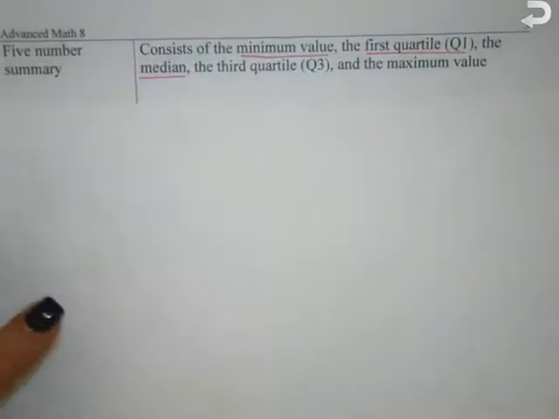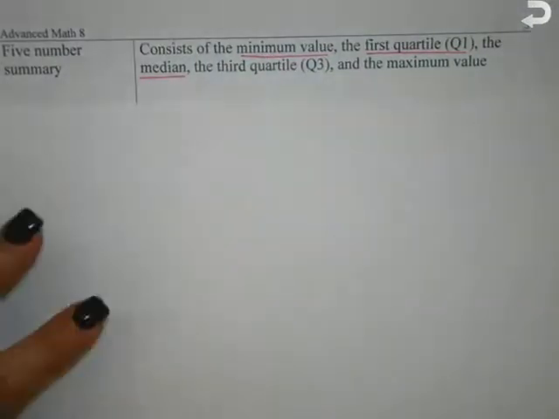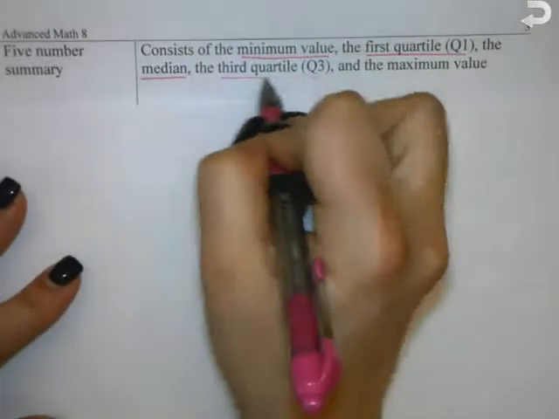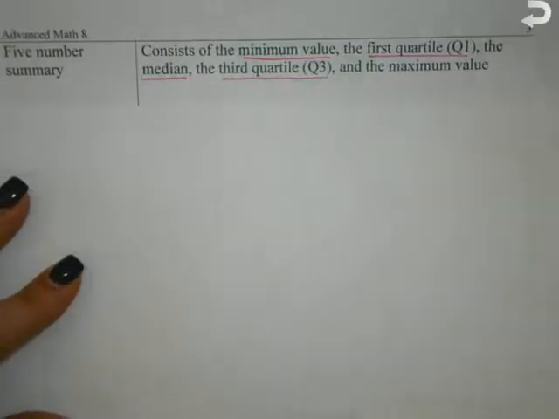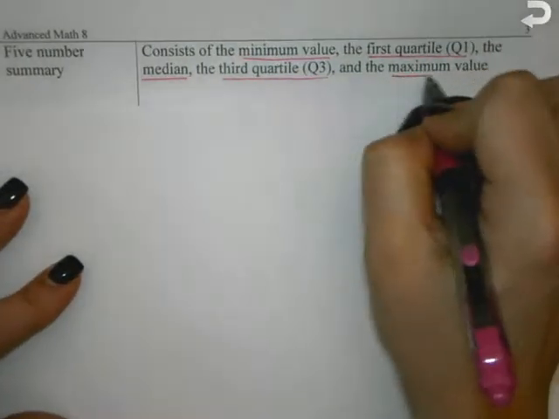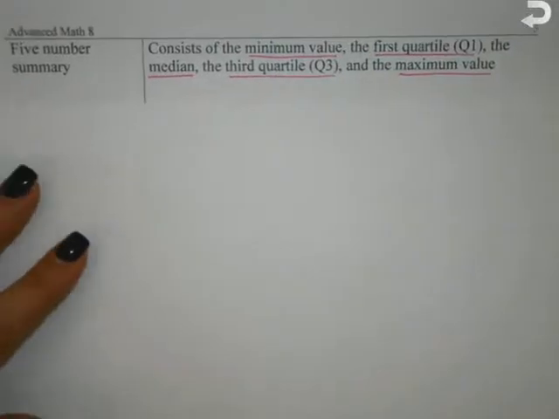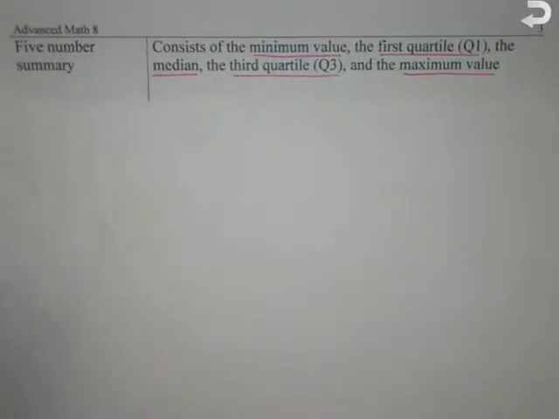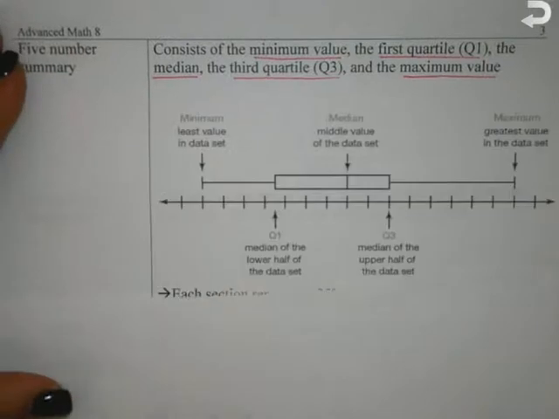The middle. The third quartile, we call that Q3. And then also the maximum value. So the 5-number summary means that there are 5 really important numbers in your set of data. And we're going to use that 5-number summary to construct a box and whisker plot. Okay, here's your example of a box and whisker plot.